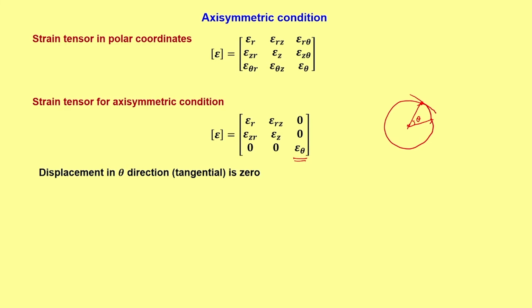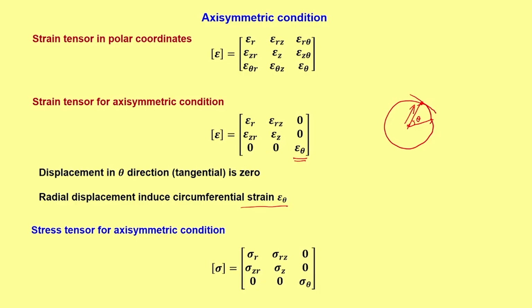Epsilon theta is non-zero because it gets a component from some other axis. For example, radial displacement induces circumferential strain epsilon theta. Epsilon theta is the circumferential strain. The vertical component will not induce any circumferential strain, but radial displacement, that is displacement in this direction, can induce epsilon theta or circumferential strain. So, that is why epsilon theta is present.